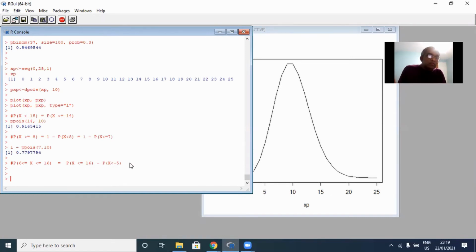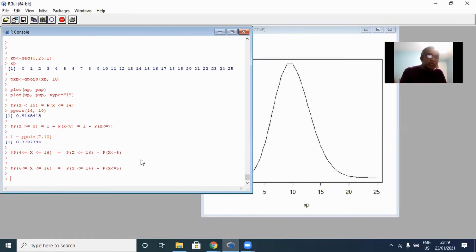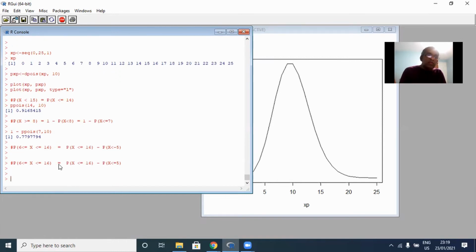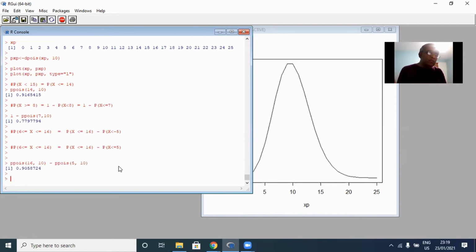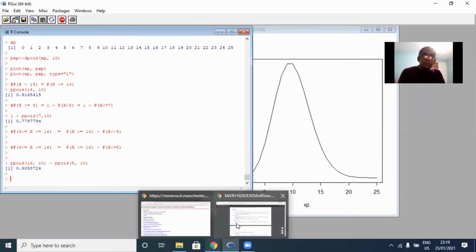Sorry, I made a mistake here. So let's compute the difference: p Poisson at 16 with lambda equal to 10 minus p Poisson at 5 with lambda equal to 10. So that's the answer for that. That completes the first part.